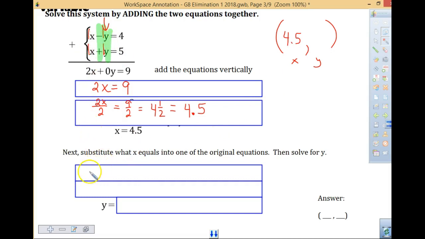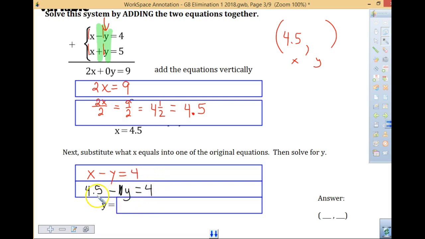If we go to the first equation, x minus y equals 4, we are going to replace this x with, what did we say x was equal to? 4.5. So we have 4.5 minus, and I'd like you to put a minus 1y, because this is where a lot of you are making some really careless mistakes.